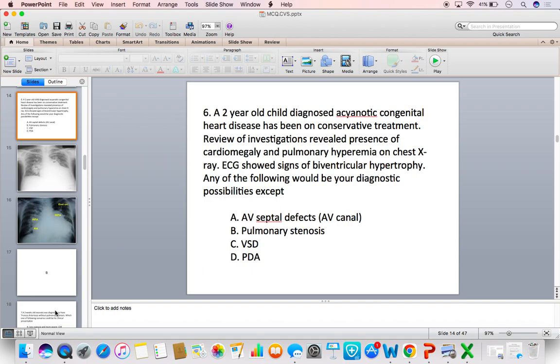AV septal defect, pulmonary stenosis, VSD, or PDA. It could be anything except. So the question is, any of the following would be your diagnostic possibilities except.